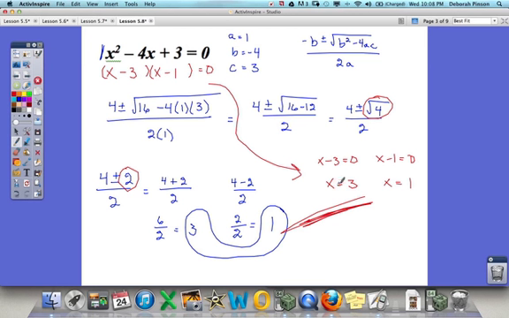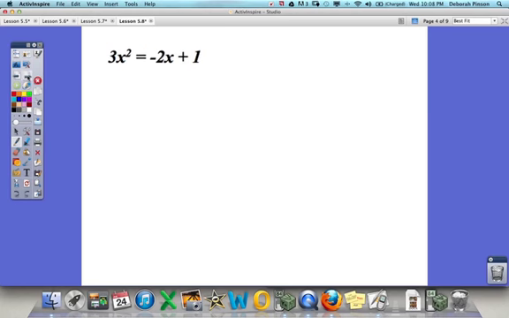We're probably going to do maybe 2 or 3 where they're not quite so nice. Okay, so we're looking at this one first. So first of all, we need to get everything on one side of the equal sign. It needs to be set equal to 0, and we want to get everything in the right order. So I'm going to add my 2x to the other side, and then I still have this 2 here.